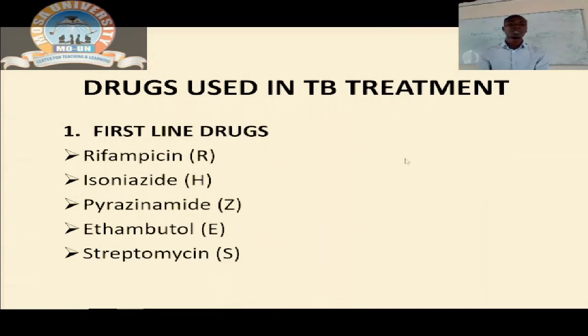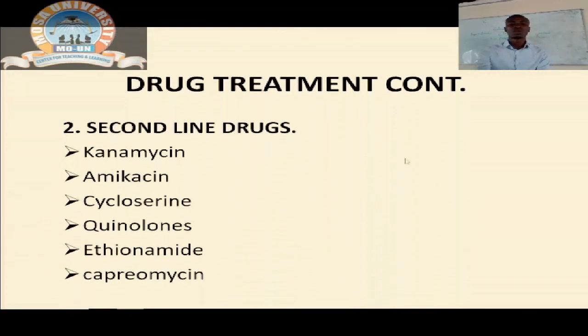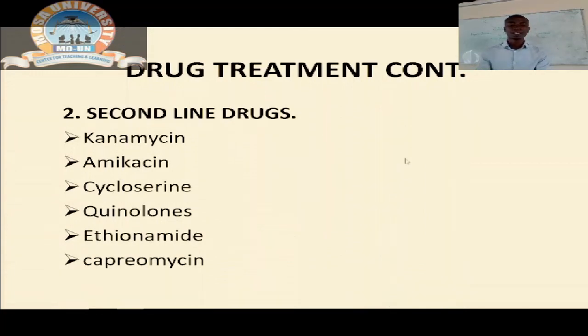The first one is rifampicin, given the symbol R. We have isoniazid, symbol H. Pyrazinamide, symbol Z. Ethambutol, symbol E. And streptomycin, symbol S. There are also second-line drugs we use in the treatment of tuberculosis, such as kanamycin and amikacin. But today, we are going to discuss the first-line treatment of tuberculosis.